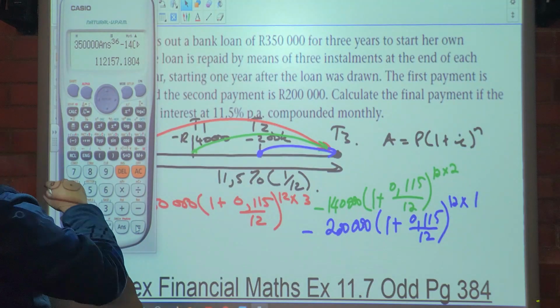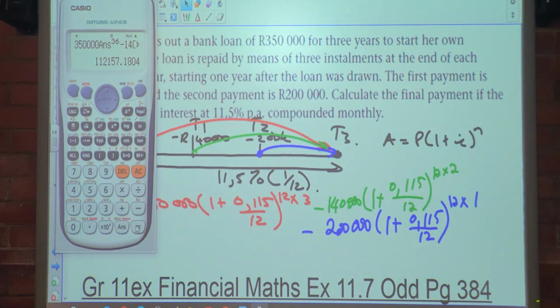You get a final payment of 112,157 rand and 18 cents. Is that correct?